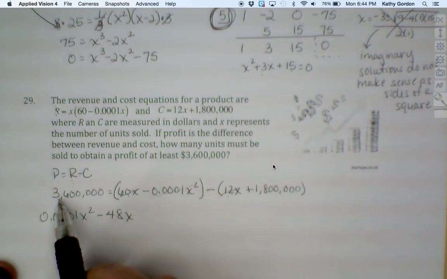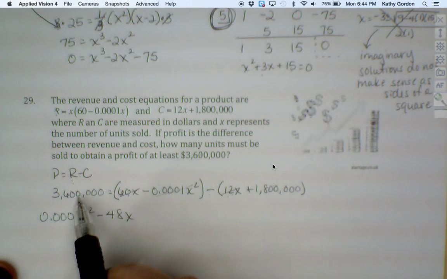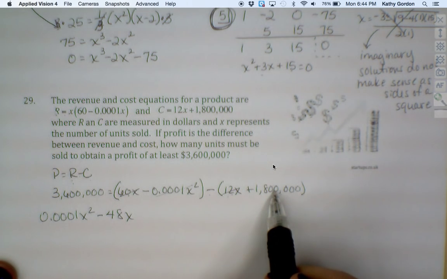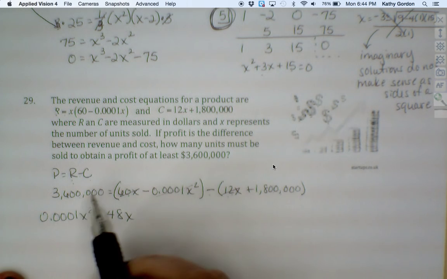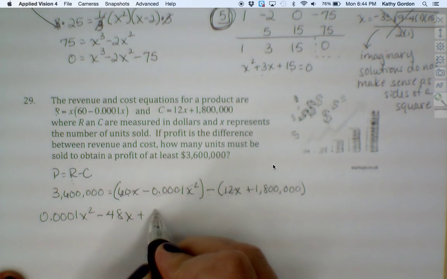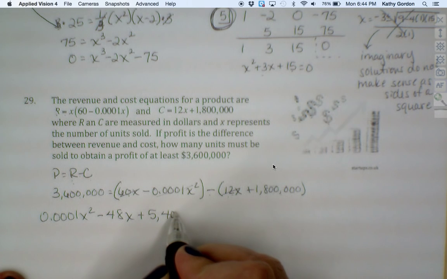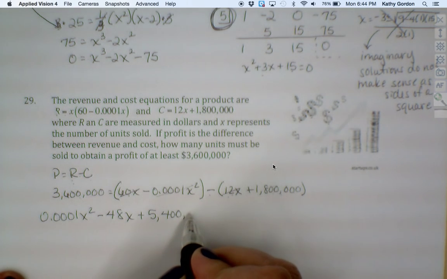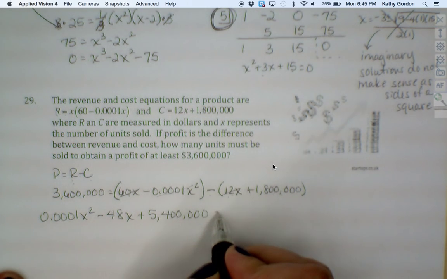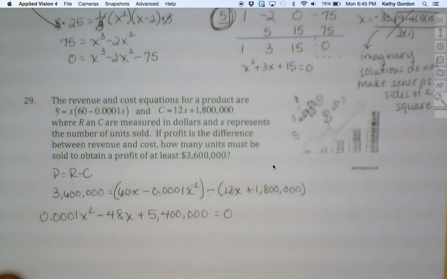So the 3.6 million I have here, I'm going to add 1.8 million to end up with 5.4 million, or 5,400,000. And that's all equal to 0. Okay, so we've got it all on one side, but that's still not a very pretty equation to try to solve.